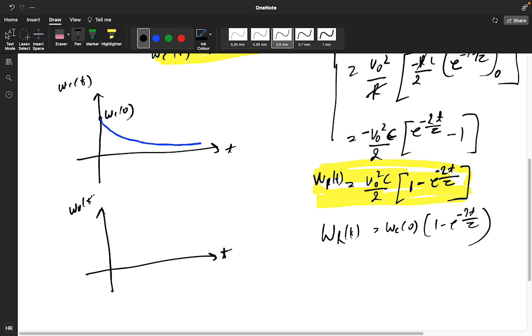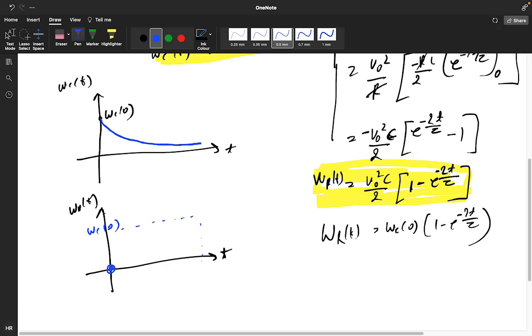With respect to t, at t equals 0, if you put the value of t equals 0, you will get 0. And at t equals infinity, I am considering this as infinity, you will get Vc of 0, because it will become 0.